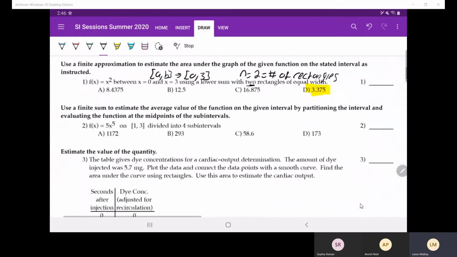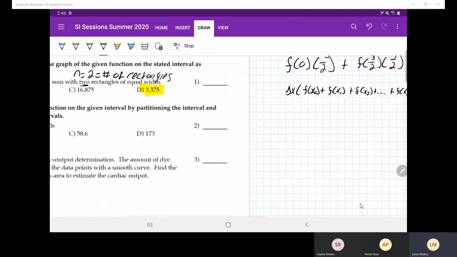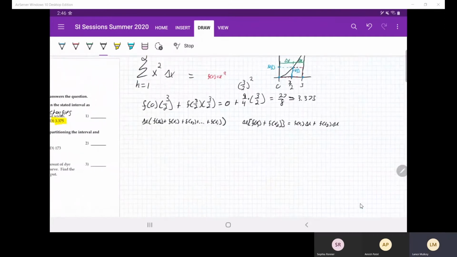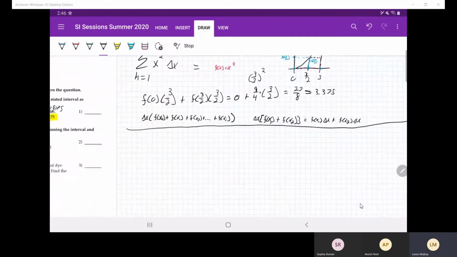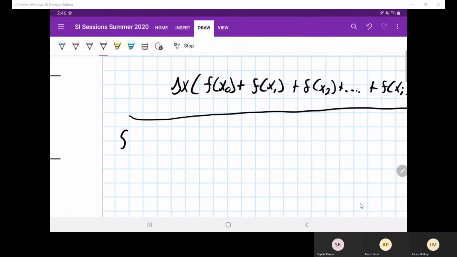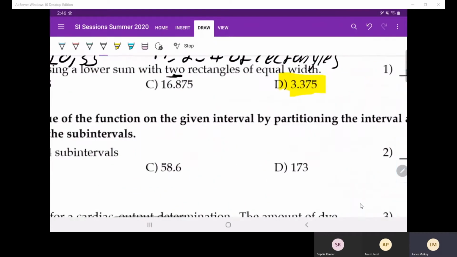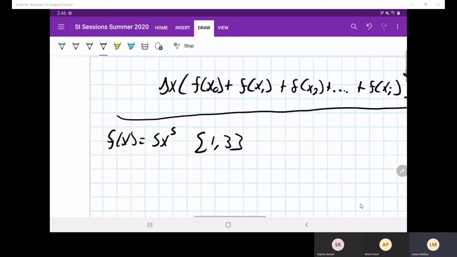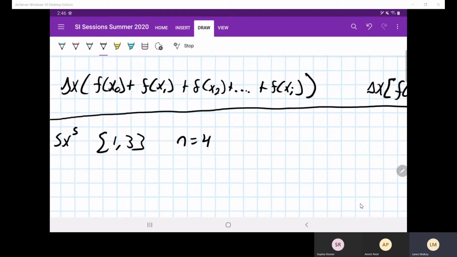Okay. F of x equals 5x to the fifth. Let's rewrite the problem. Yeah, 1 to 3 and n equals 4. So I'm going to give y'all a choice.